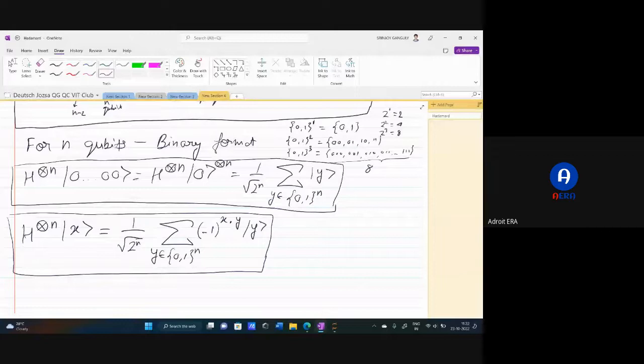So now we are increasing the number of qubits, and n starts from 2, so 2, 3, 4, 5, 7, 8, 10, up till your quantum simulator limit of 32 qubits or something. So let us now see what happens in the Deutsch Jozsa algorithm.